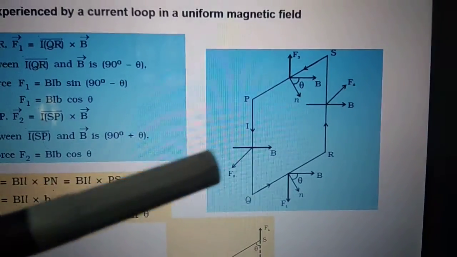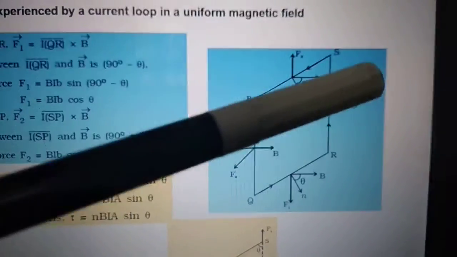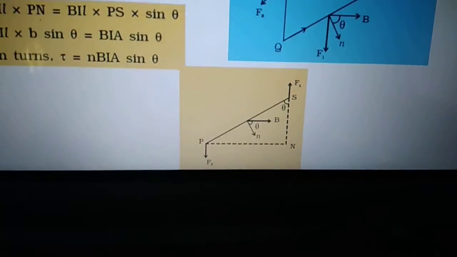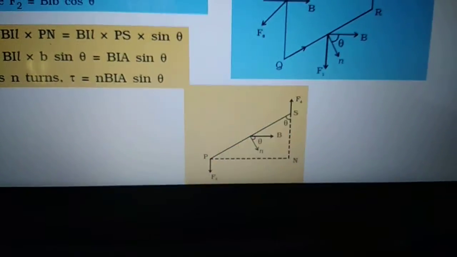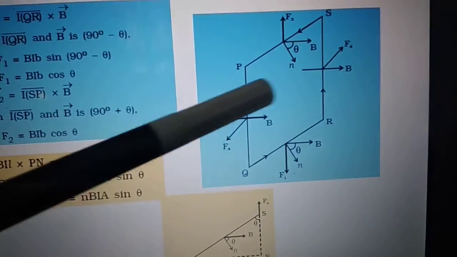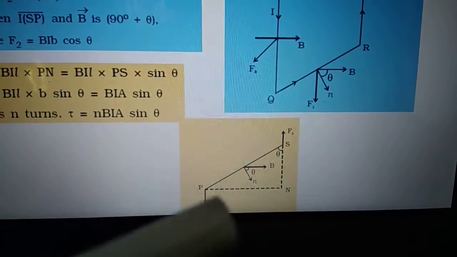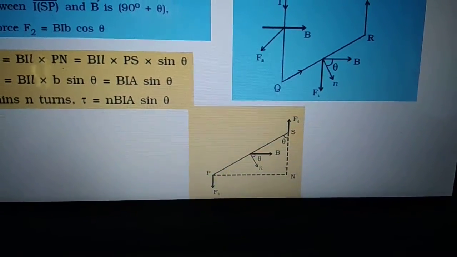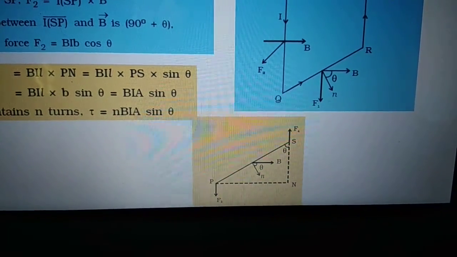But this force and this force, these are F3 and F4. Actually, they are acting at some angle. So, I have imaginary connected them in three-dimensional space. It will look something like this when I project F3 and F4 in the three-dimensional space.